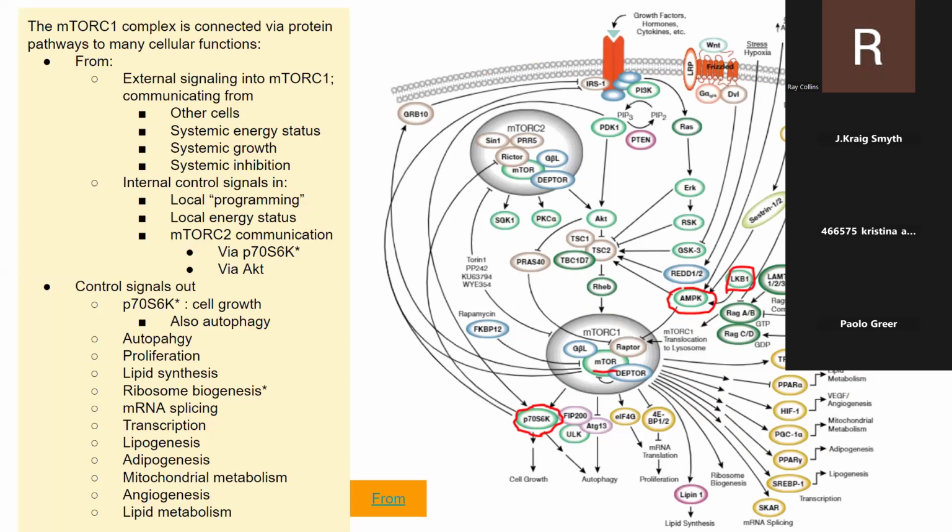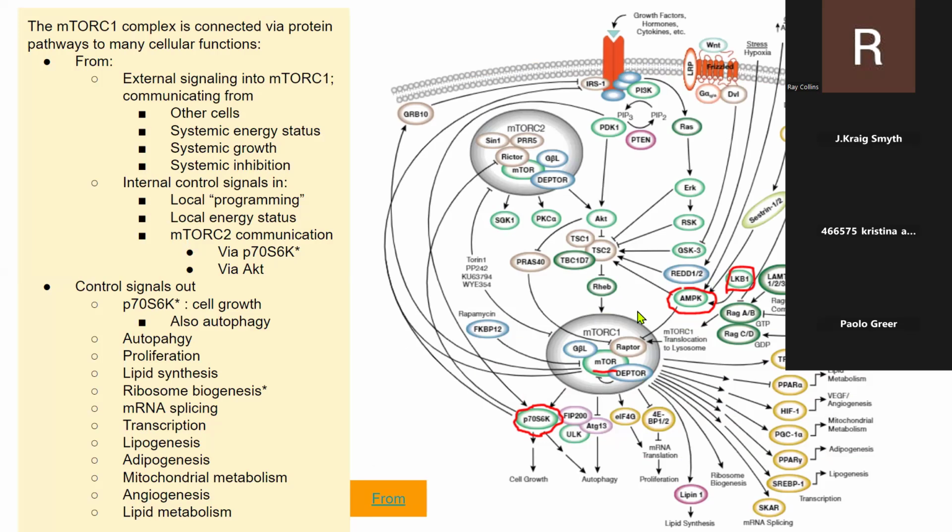So I want to take this and put it in a larger cellular context. So we've been talking about some of these things here: LKB1, AMPK, mTOR, P70S6K. And you can see how these fit into this network that is all centered around mTORC1.